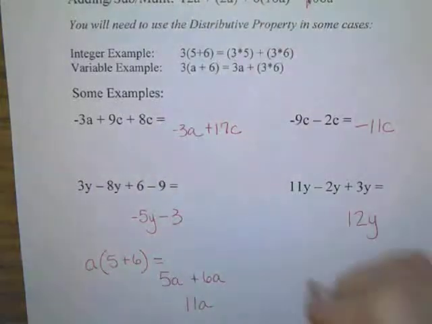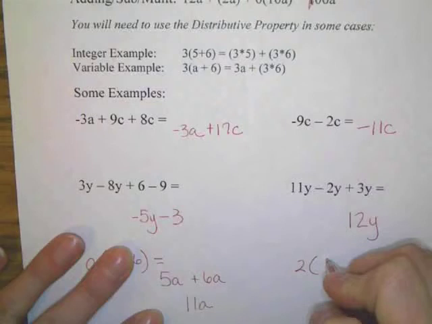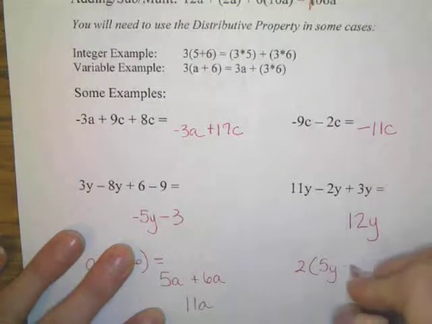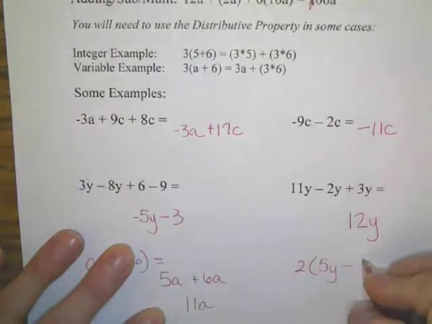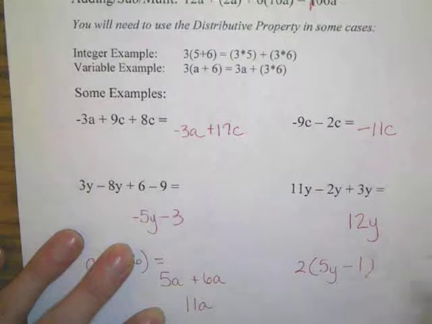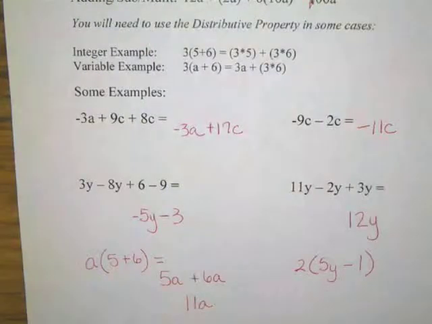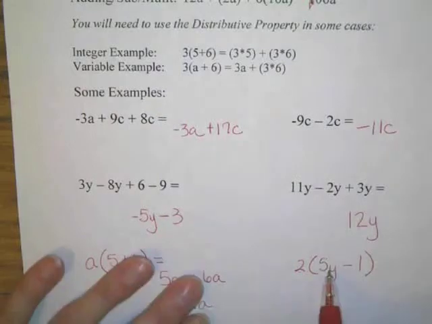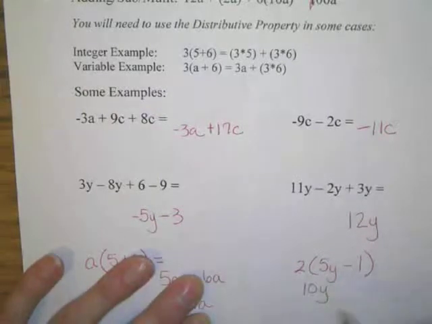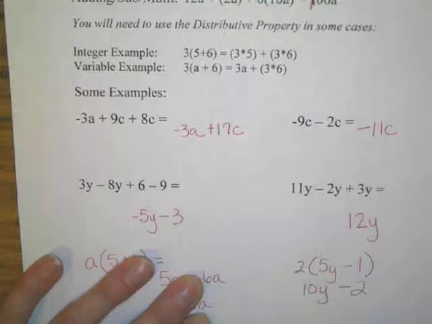Now we have 2 times 5y minus 1. Again, you're using your distributive method, so you're going to take your 2 times 5, which is 10y, minus 2 times 1, which is 2.